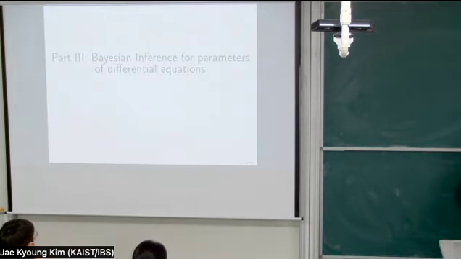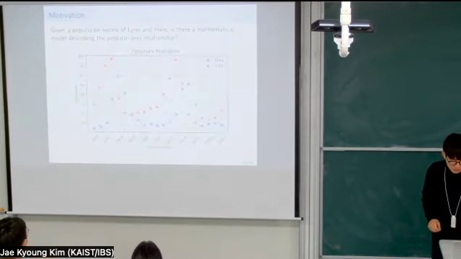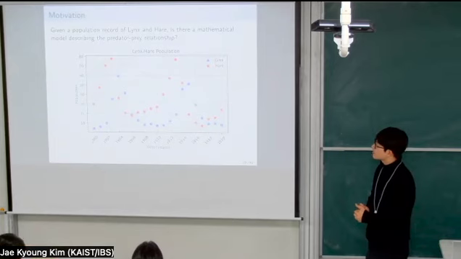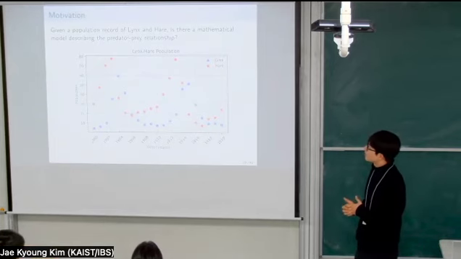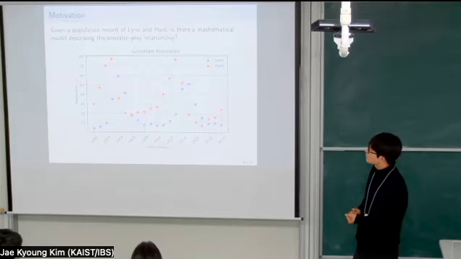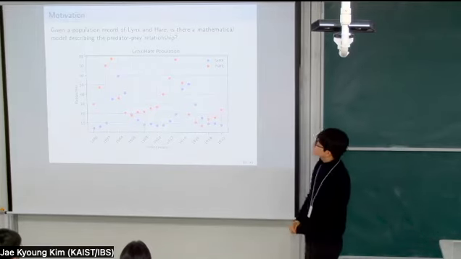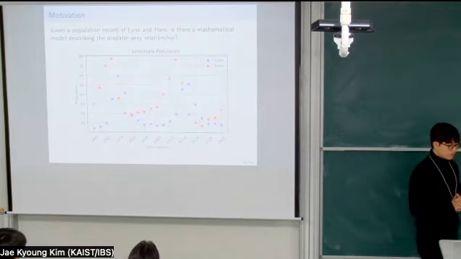So now let's use this to estimate the parameters of differential equations. Let me motivate using a very naive mathematical biology example. Here's typical data, the data that's typical for a Lotka-Volterra model. Lynx and hare, those are the types of, like, a fox and a rabbit.